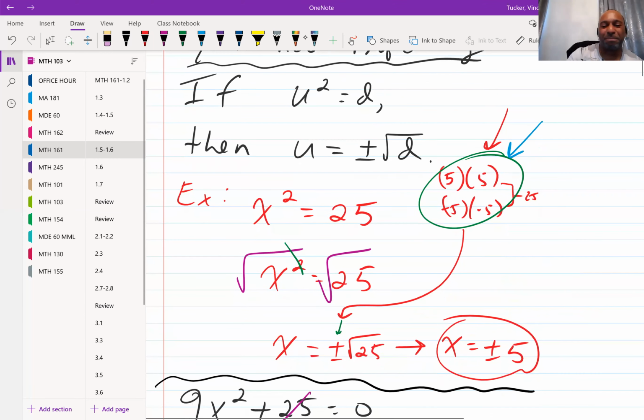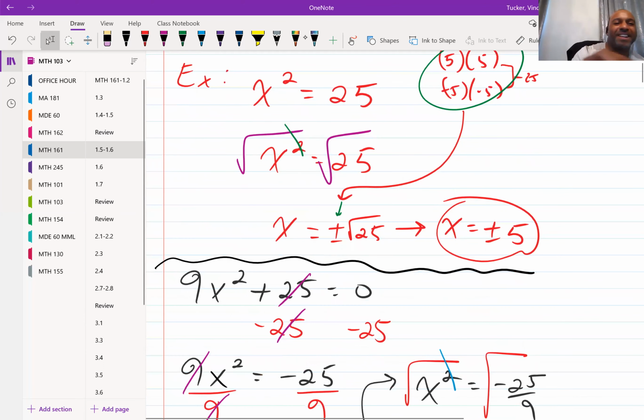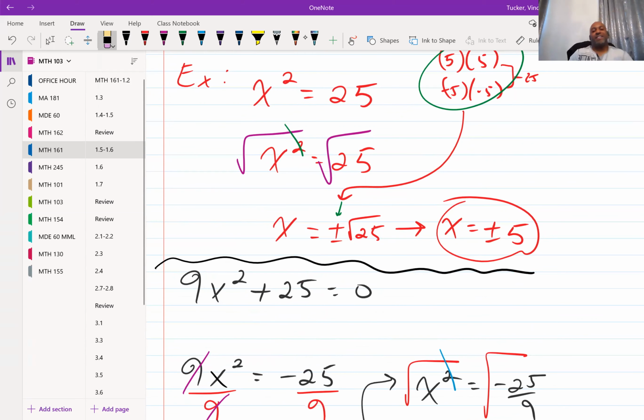All right, can we scroll up, put this in action? Everybody good? All right, let me erase this. So we have 9x squared plus 25 equal to 0. Once again, your goal is to get x by itself, so you're trying to solve for x. So the first thing we do to isolate the x is subtract 25 from both sides.